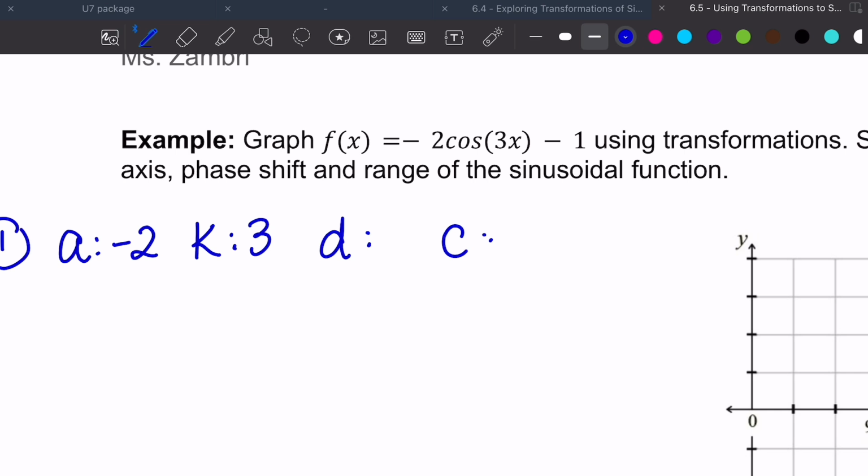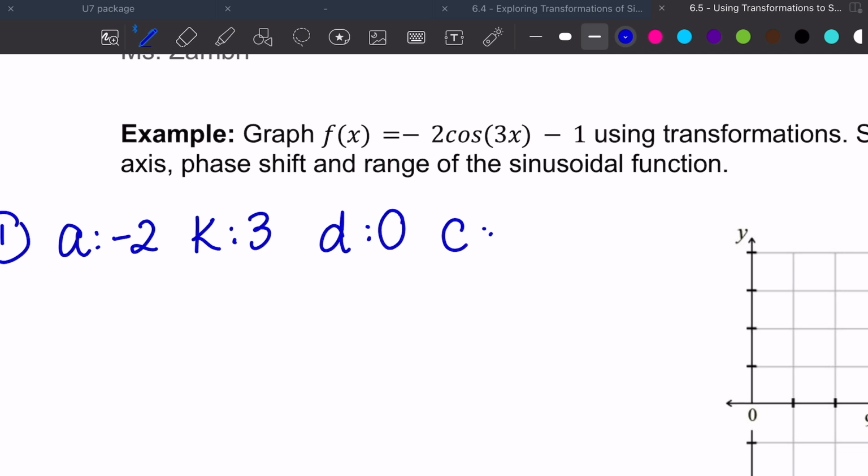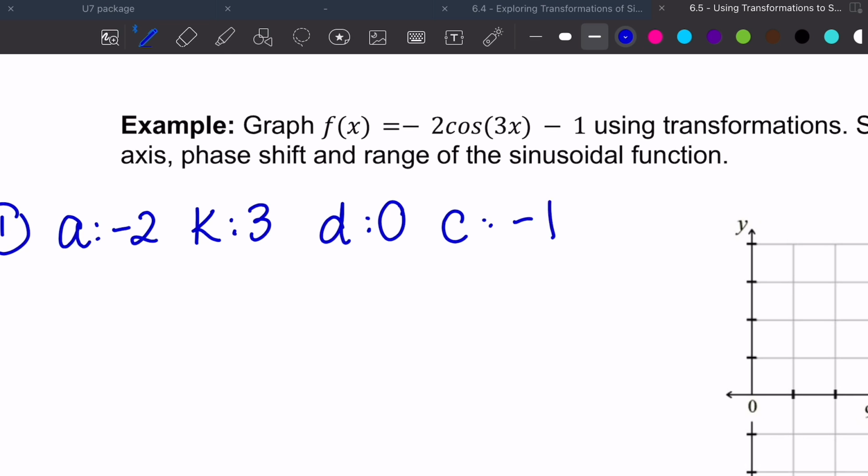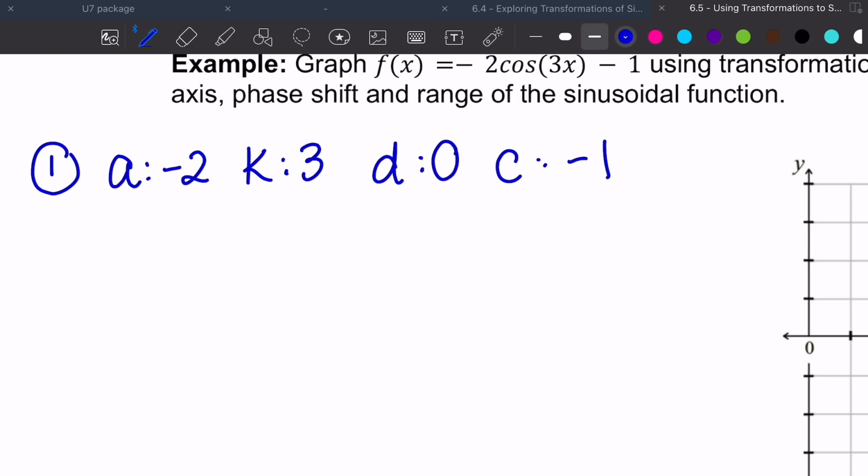I do not, however, have a plus or minus anything in the brackets, right? So K is just kind of the only thing that's in there. So therefore, we know that D is going to be 0. I am not shifting left or right. And then the last thing that I have is a -1 at the end. That is going to be my C value. So C is -1.